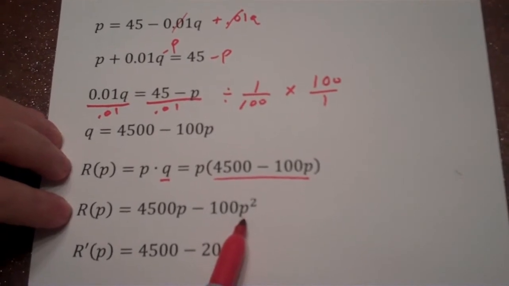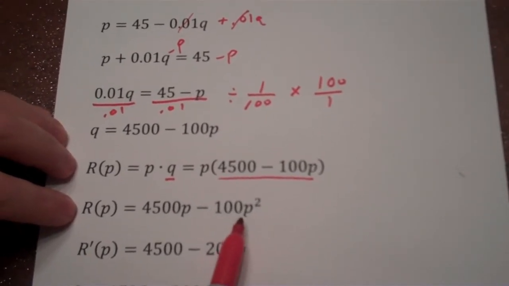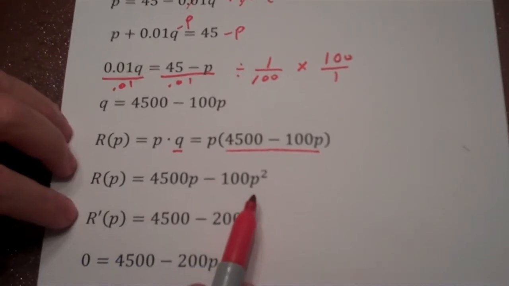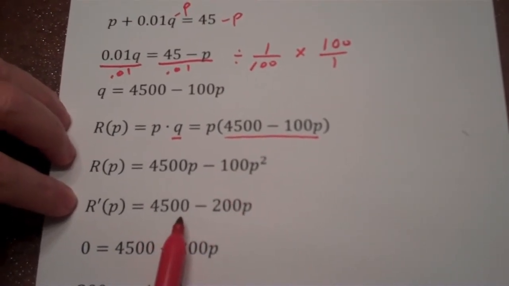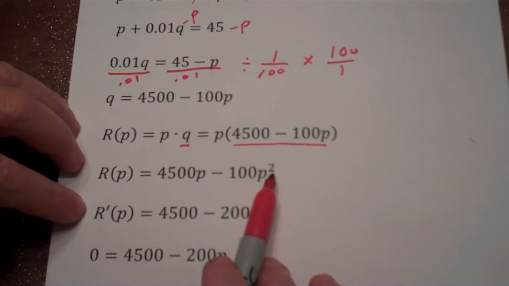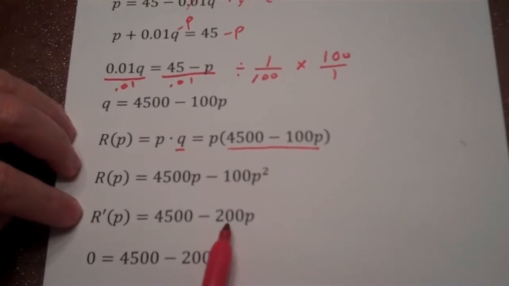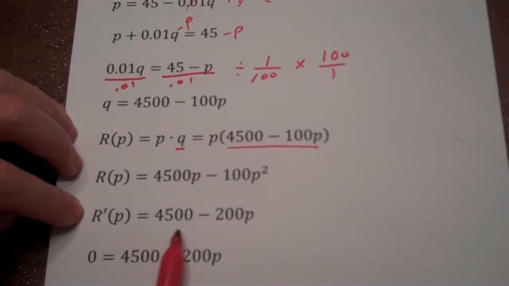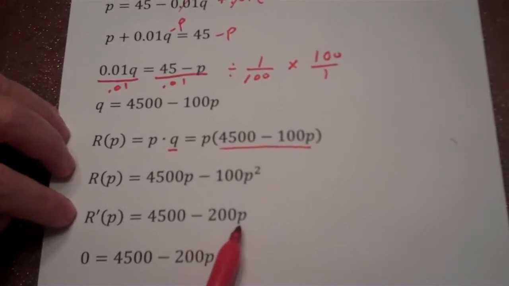Now, what I'll do to find the point where this is a maximum is I will take the first derivative, and taking the first derivative, I'm left with 4,500 minus, pull the 2 down times the 100 is 200, subtracting 1 for my exponent, leaves me with 4,500 minus 200P.